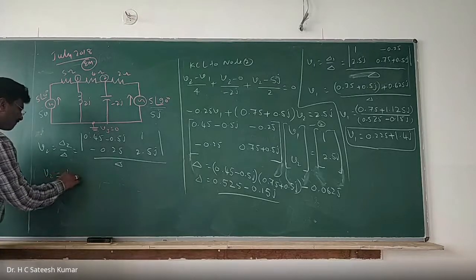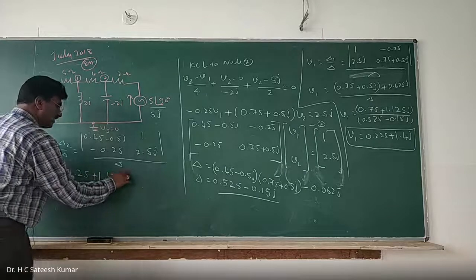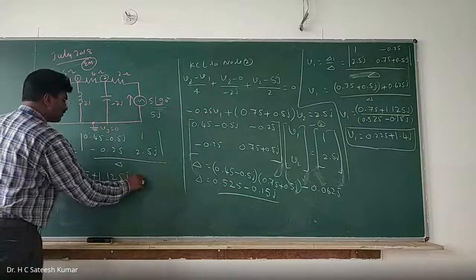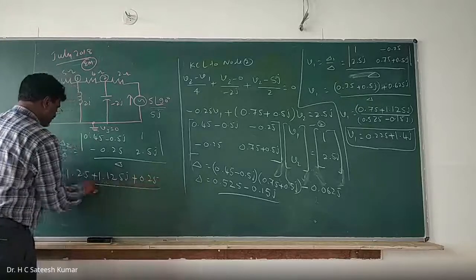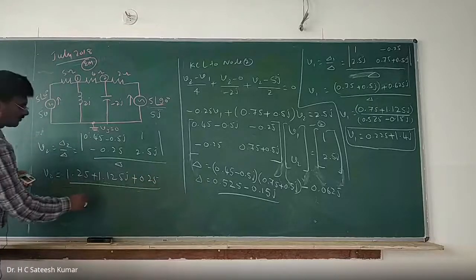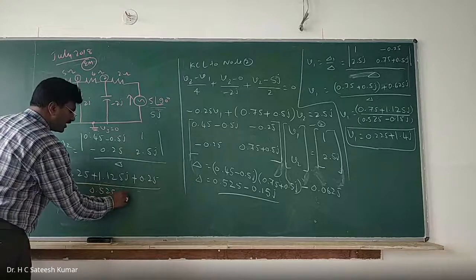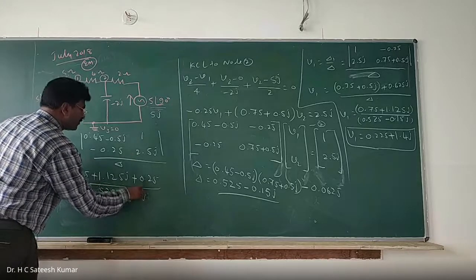That gives 1.125J plus 0.25, divided by delta, which is 0.525 minus 0.15J.